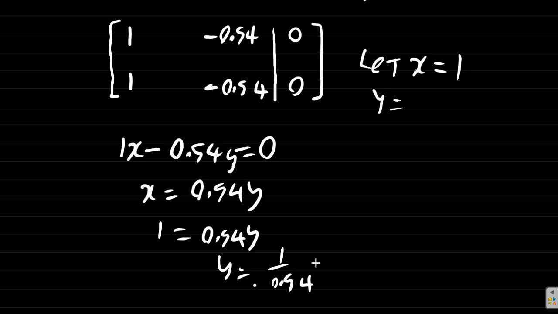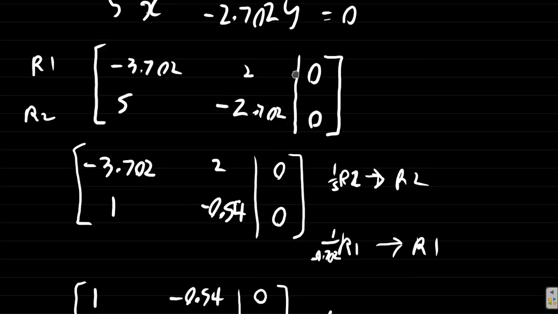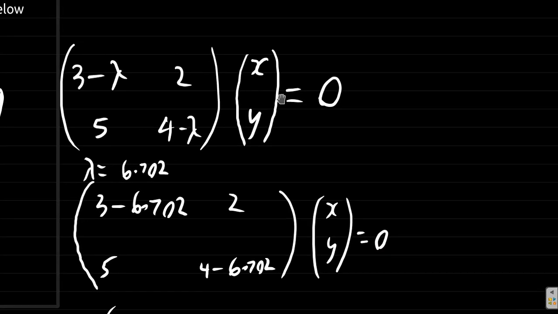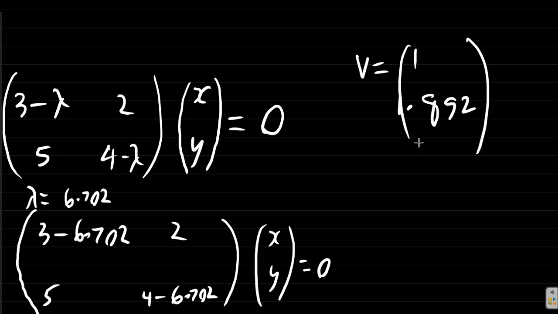1.852. So our eigenvector is 1.852. So one of the eigenvectors, v, is equal to 1 and 1.852.